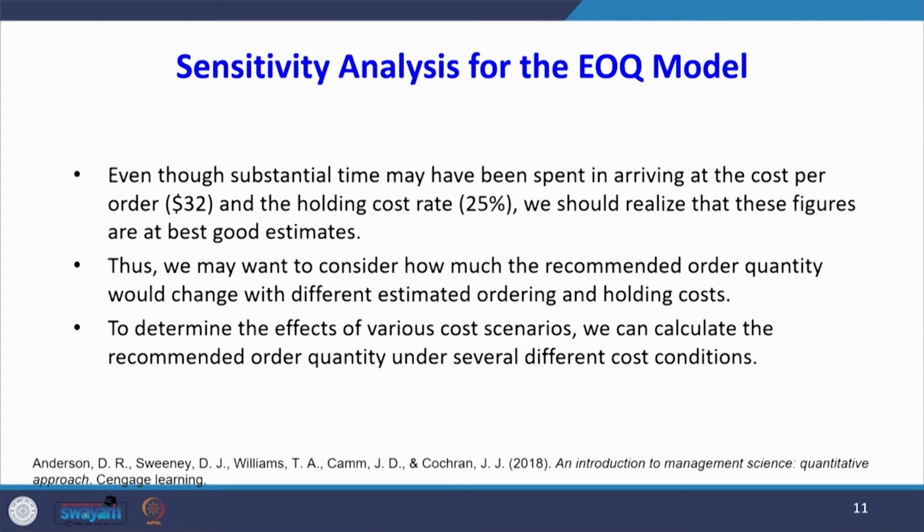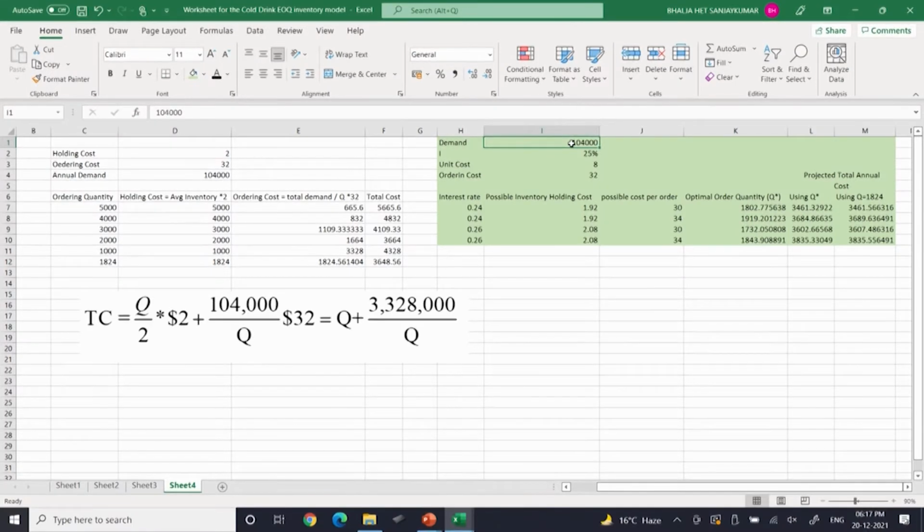So, if the values of CH and CO change, over a range of CH and a range of CO, how will that affect our value of EOQ, that is Q star? To determine the effect of various cost scenarios, we can calculate the recommended order quantity under several different cost conditions. Now, I am going to explain how to use Excel for this sensitivity analysis.